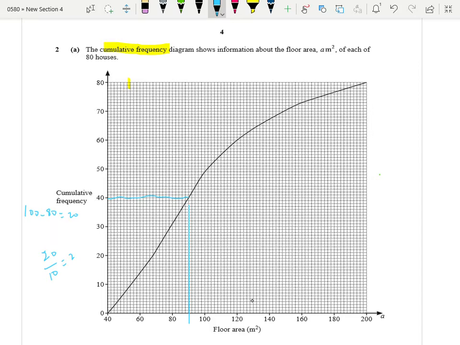Small boxes I'm talking about on the x-axis. So each is of 2. So now I count the number of boxes: 1, 2, 3, 4, 5. So 2 times 5 would be 10 and 80 plus 10 would be 90. So 90 should be my median.